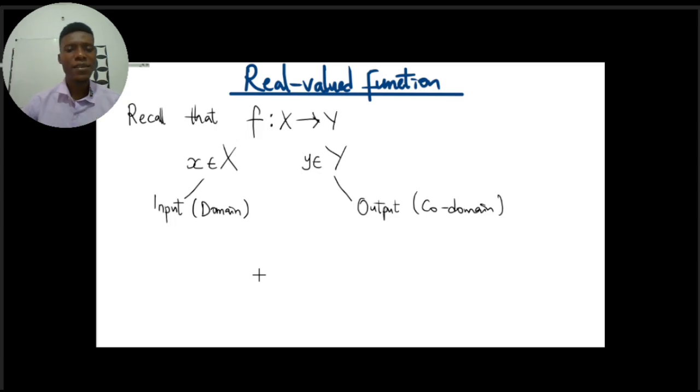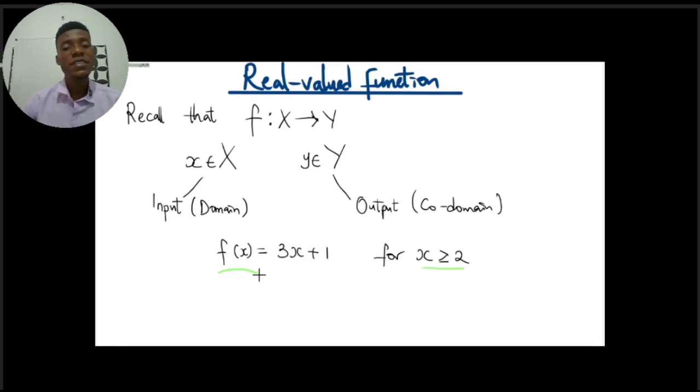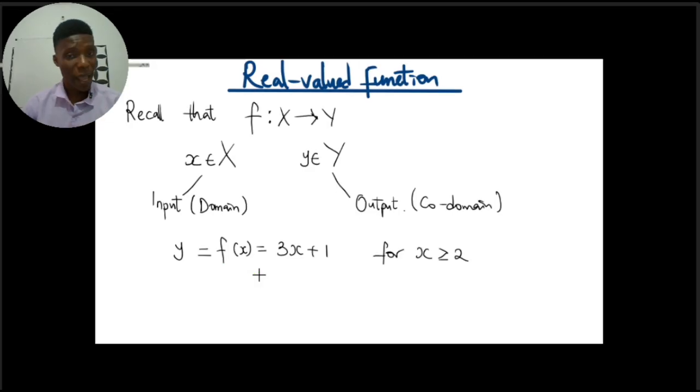Let me cite an example. If f of x is defined to be 3x plus 1, that is the rule that guides that function. Don't forget, f of x is also known as y. Now, if you look at the values of x, x contains numbers from 2 upward. That is our domain.